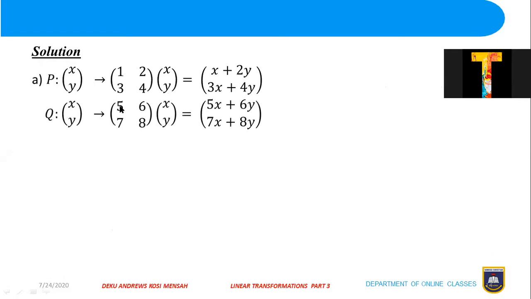The Q, 5, 6, 7, 8 multiplying xy gives 5x plus 6y, and 7x plus 8y. These are the linear transformations of the matrices P and Q.